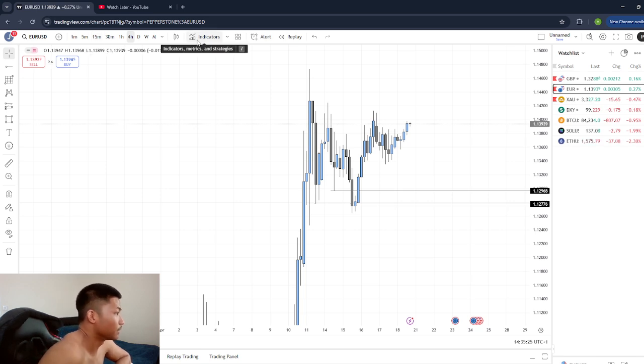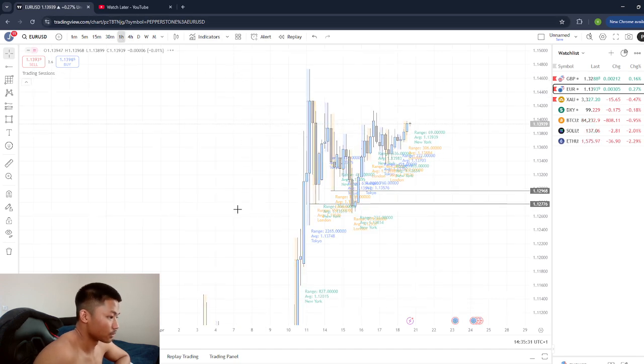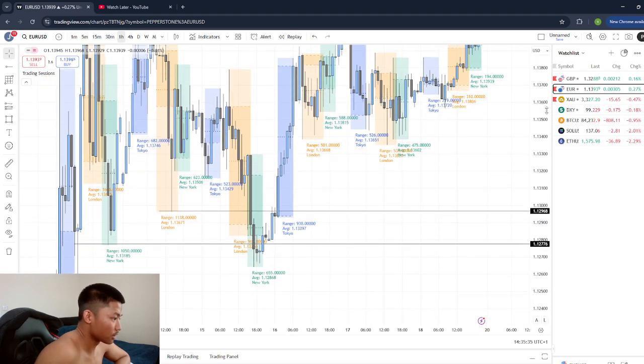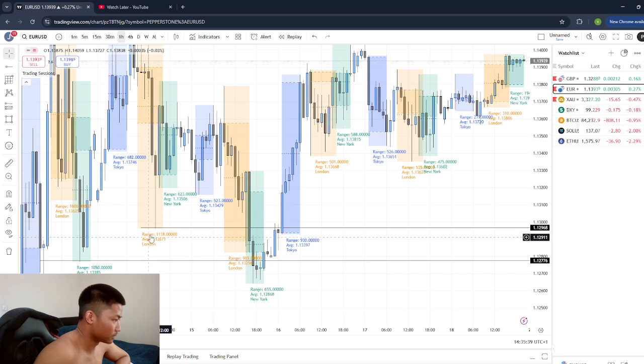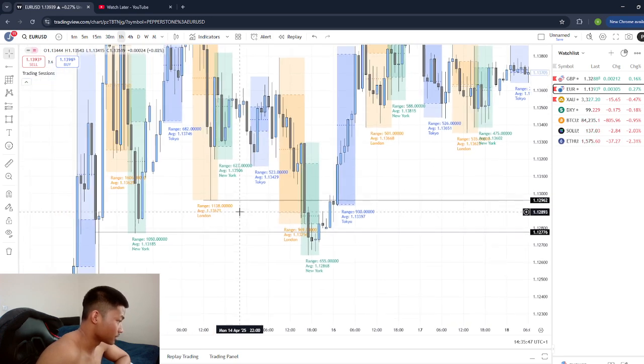Okay, hold up. I use one indicator, which is trading sessions. Let's go in the 1 hour. Okay, this does look a bit overwhelming for you guys, but we got this 1 hour low, which is London lows. We swept London lows within London session.